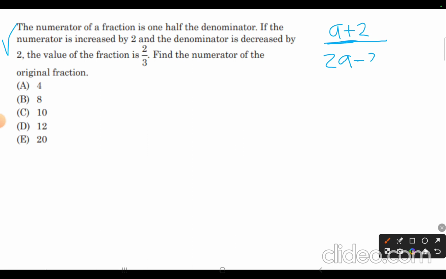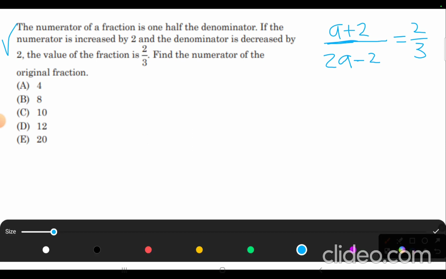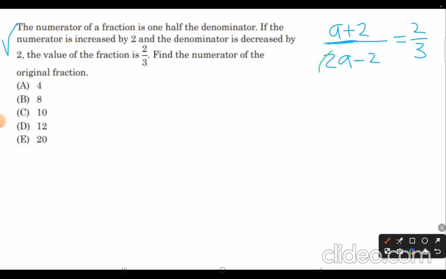We subtract 2, then it will be equal to 2/3. And then we can use cross product. It means multiplication of these two equals multiplication of these two. 2 times (2A minus 2) equals 3 times (A plus 2).